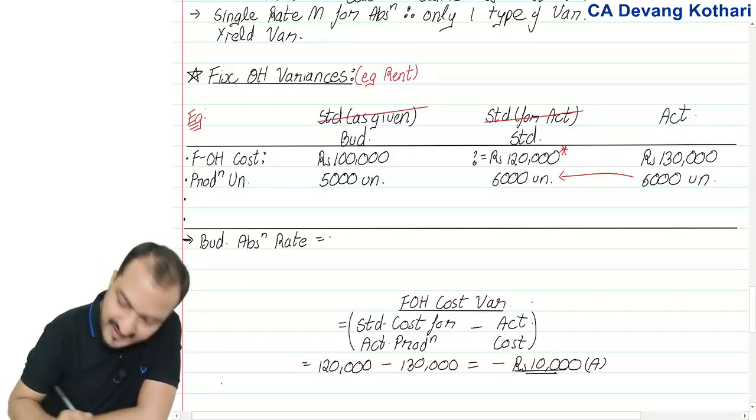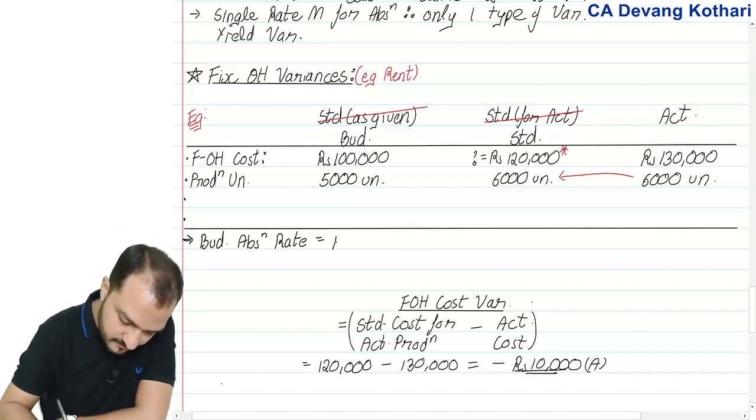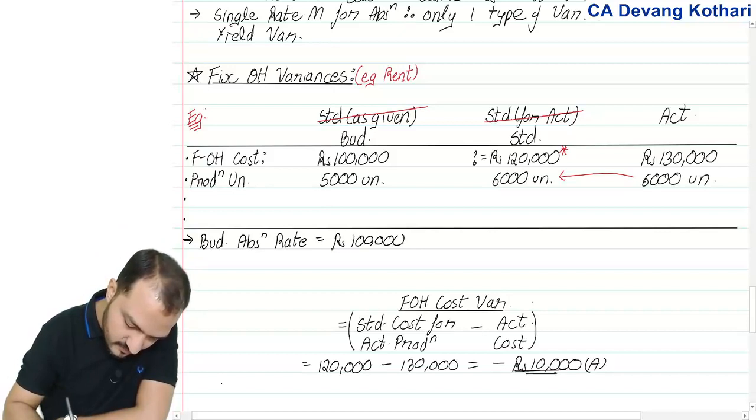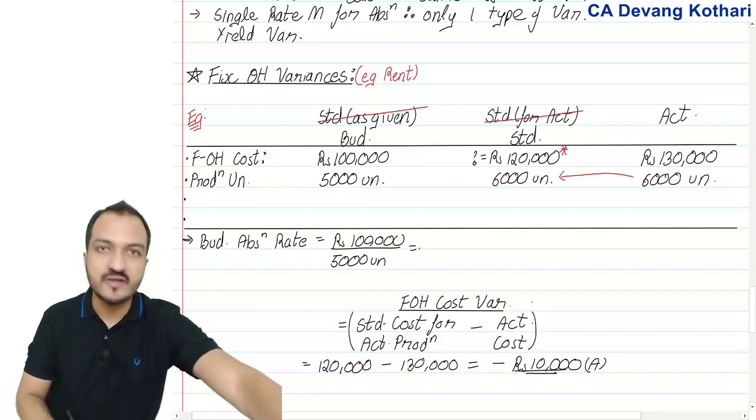So my budgeted absorption rate would have been 1 lakh divided by 5,000 units, and that should be 20 per unit.